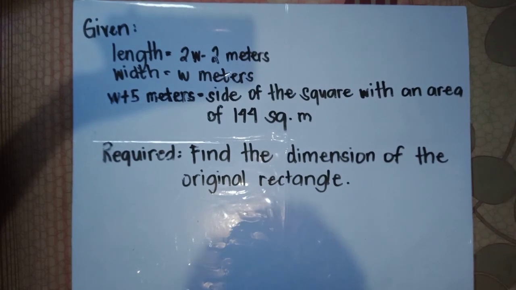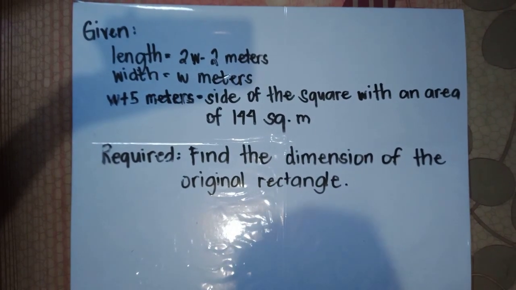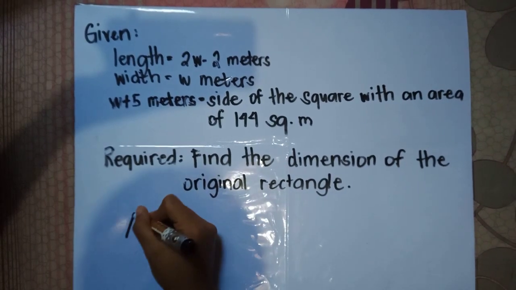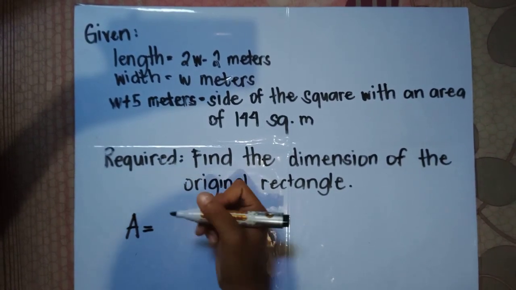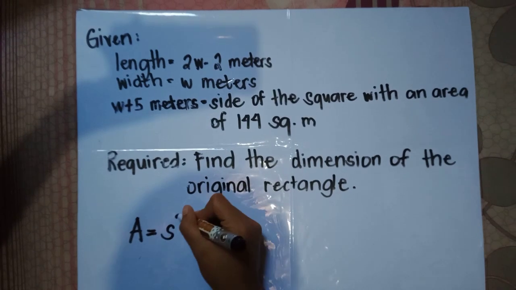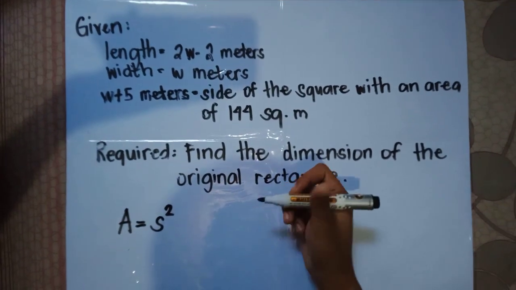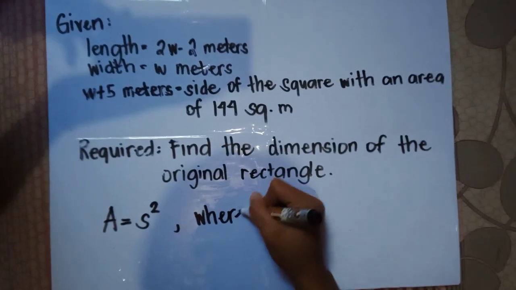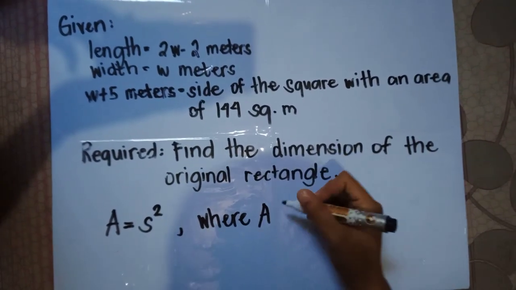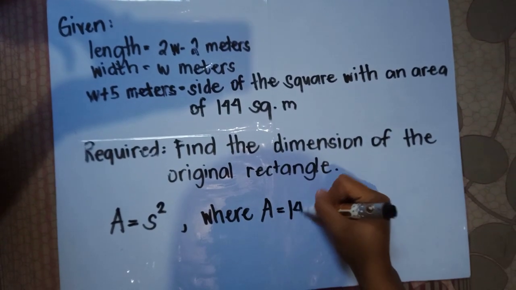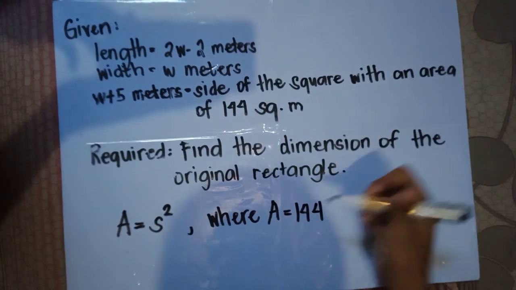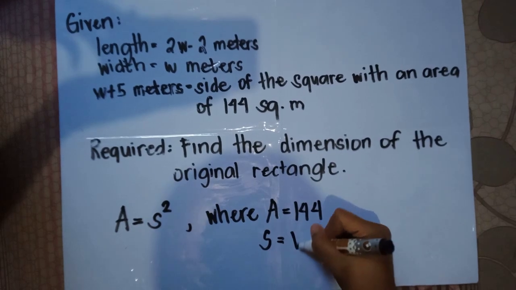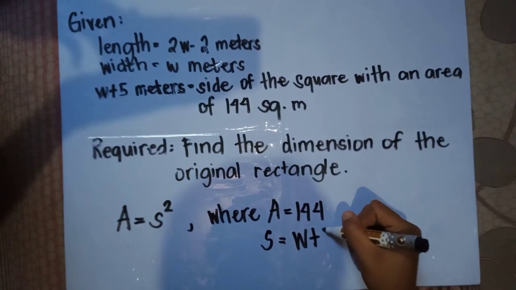In this problem, we are going to use the formula A equals s squared, where A is equal to 144 and s is equal to w plus 5.